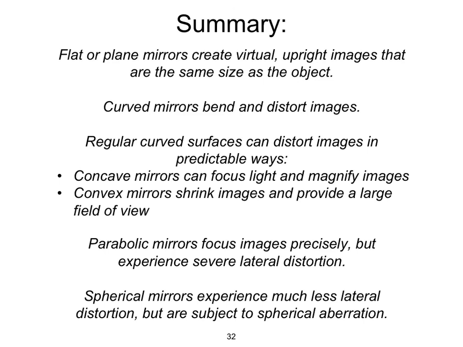We also talked about parabolic mirrors and how they focus images precisely, but they experience severe lateral distortion. Spherical mirrors experience much less lateral distortion, but they are subject to something called spherical aberration, where mirrors with either a smaller radius of curvature or a longer arc length do not have a single precise focus point, and therefore images in these mirrors can be blurry.